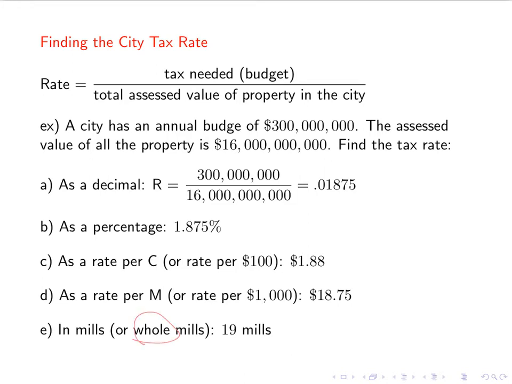So the 18.75 gets rounded up to 19, no more dollar sign, and we attach the word mills to it. So in mills, again, it's always rounded up, not just rounded. So if D had been 18.23, it would still go to 19 mills. Okay, so you always round up to the next integer or the next whole number.